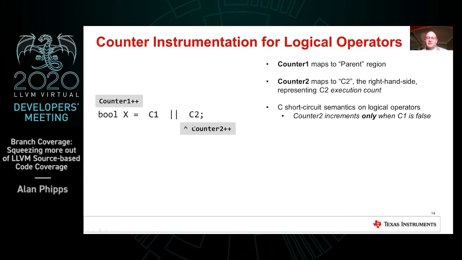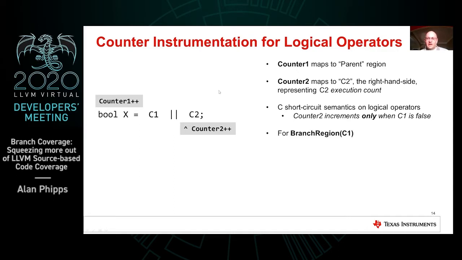In other words, this counter 2 maps to the right-hand side of the logical OR. And a key observation here is that it's the short-circuit semantic behavior of the logical OR that facilitates this. So counter 2 will only be incremented if, in fact, counter 1 evaluated to false. If condition 1 evaluates to true, this will never be executed.